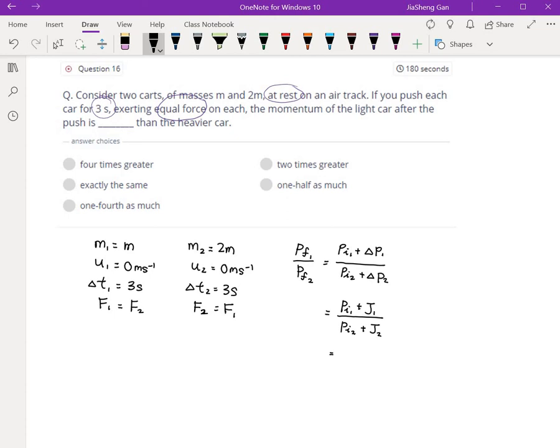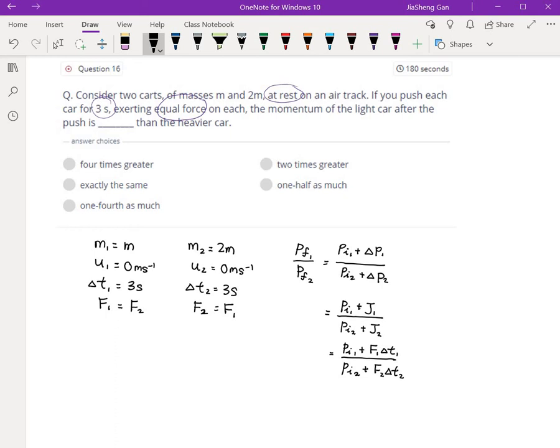And we know that impulse is equivalent to F1 delta T1, whereas the next one will also be F2 delta T2. Okay, so let's look at what we can do here.